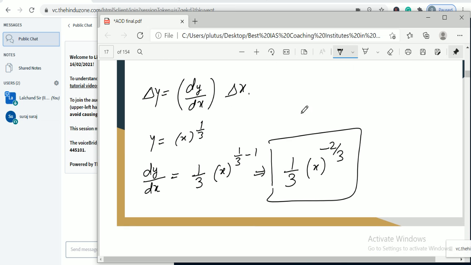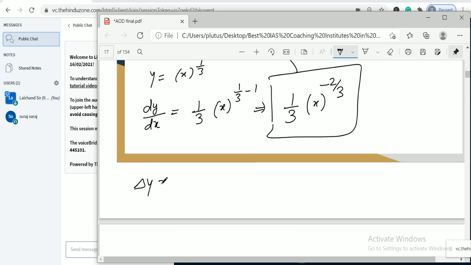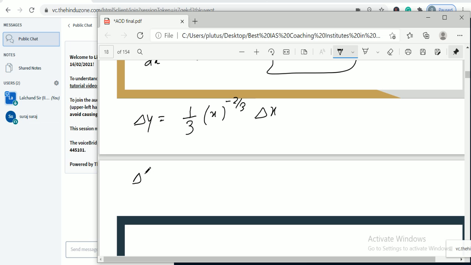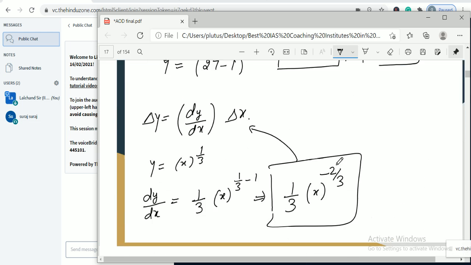And if we substitute this into this equation, then delta y will be 1 by 3 x to the power minus 2 by 3 into delta x. If we substitute the value of x and delta x, then dy will be 1 by 3, x value will be 27 to the power minus 2 by 3, delta x is minus 1, isn't it? Here we have the value of x and delta x.